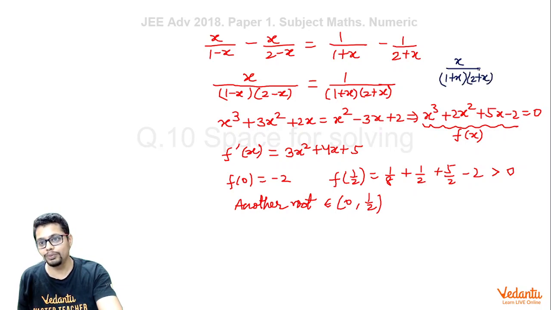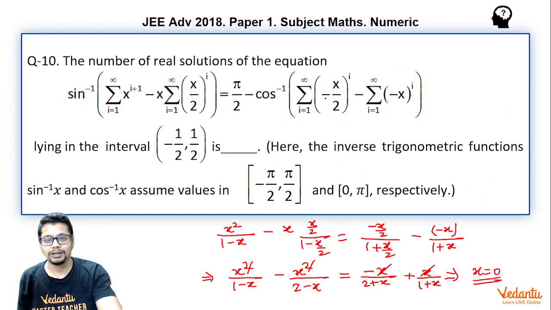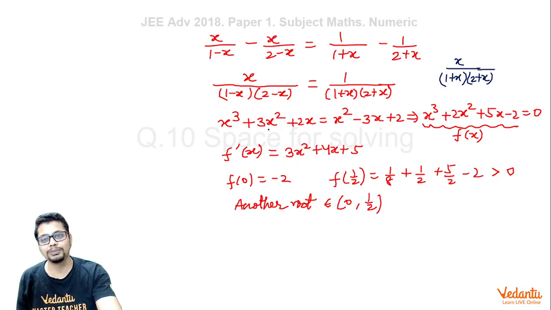Now here also, if you put x to be some value between 0 and half, x plus 1 is clearly greater than x, and also x plus 2 is greater than x. So you may say overall this value remains positive but less than 1, which is supposed to be the input of cos inverse, and hence it is admissible, because a value between 0 and 1 is admissible in cos inverse. Now you may say, sir, what about the sine inverse input?